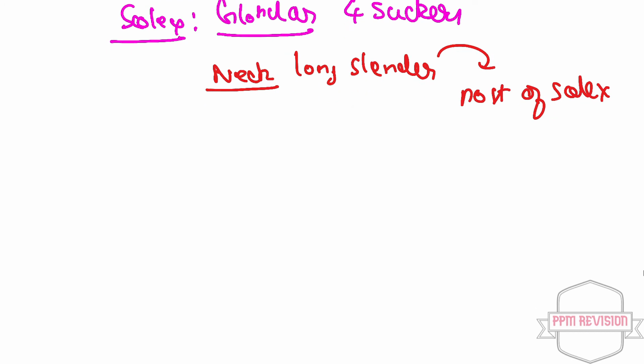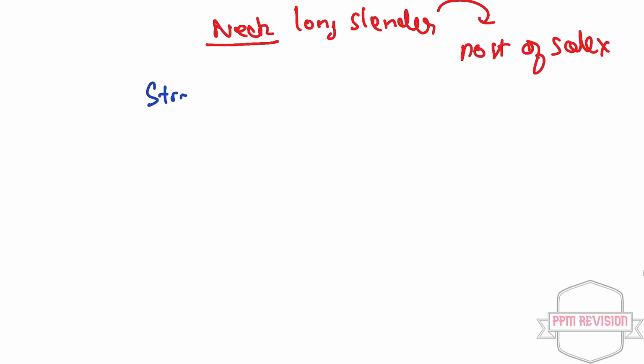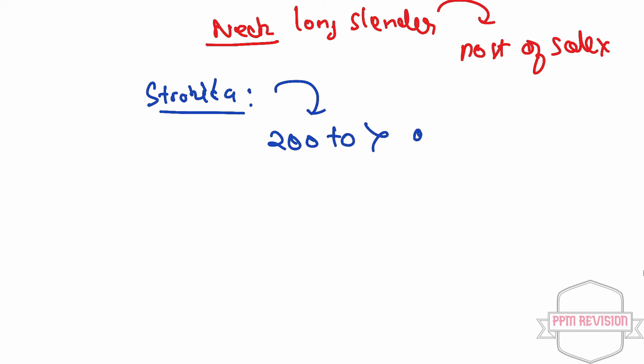The strobila is present after the neck, and it consists of 200 or more proglottids.